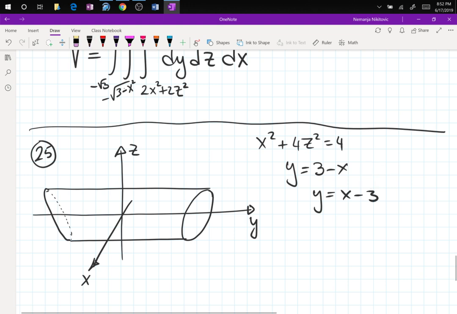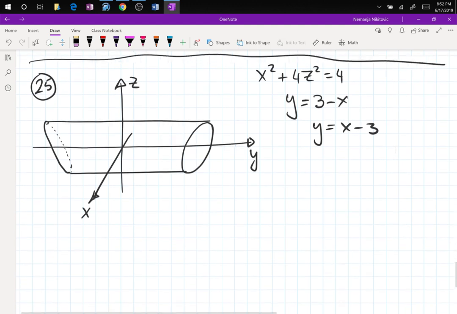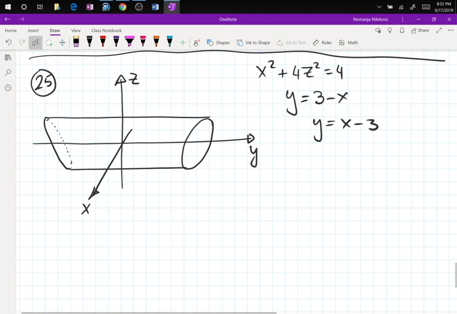So that's all that is given to us, and we just now need to figure out what to do.